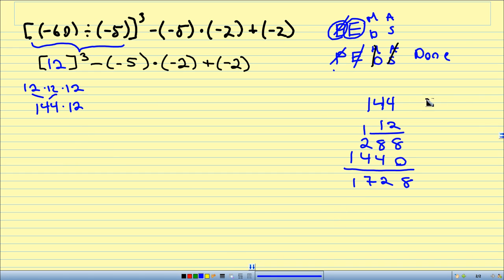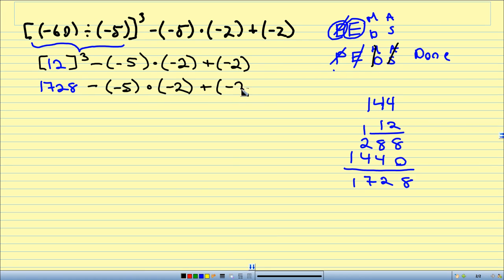So that's 1728. Let me just make room for that right there. I don't know why I wrote it there. 1728. Now I'm just going to rewrite everything: 1728 minus a negative 5 times negative 2 plus negative 2.